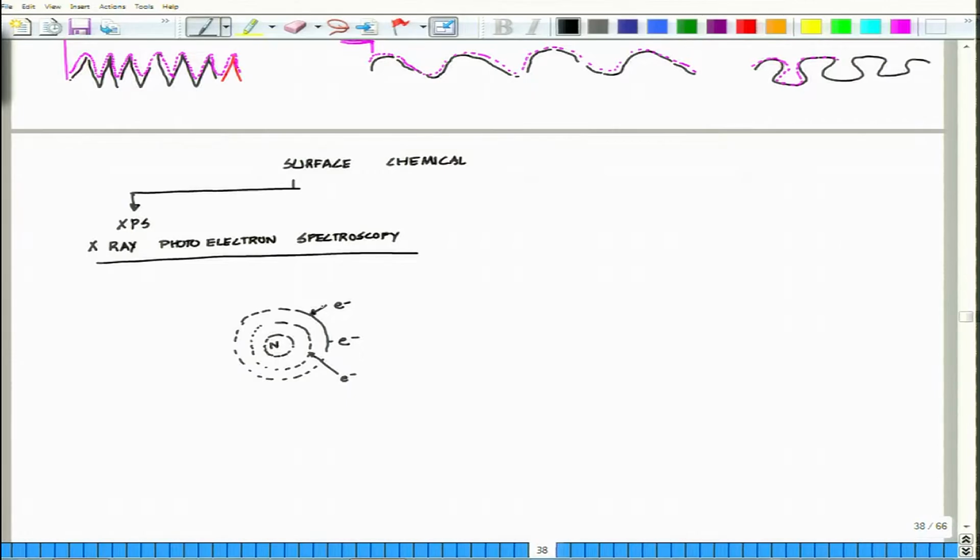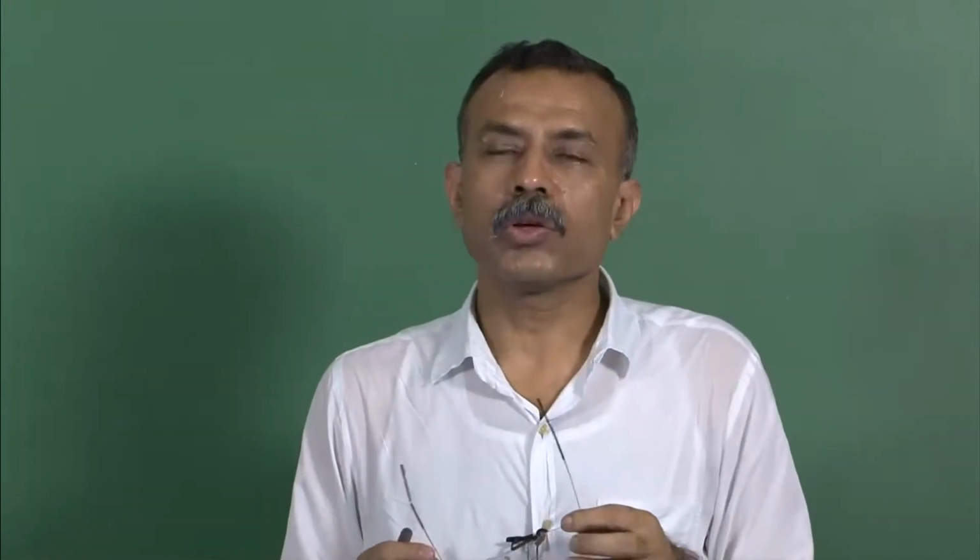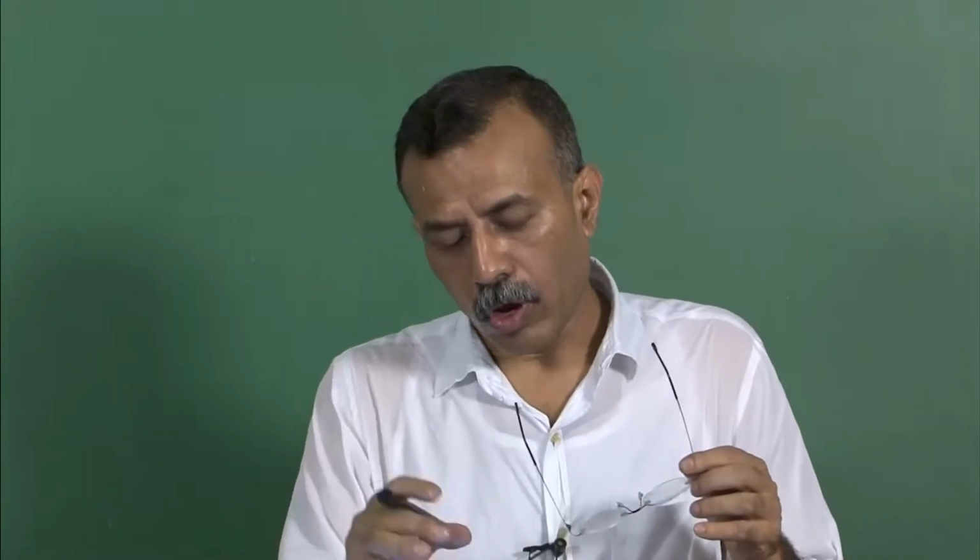These electrons have different orbitals: s, p, d, f and likewise. These are the different orbitals where electrons are hopping around, and they have different energies.